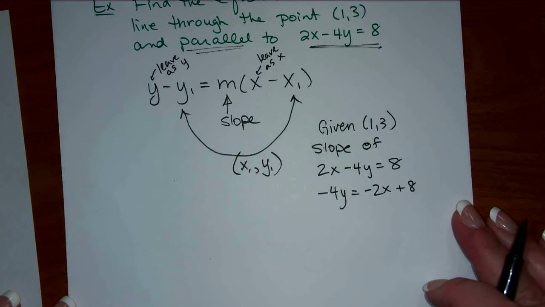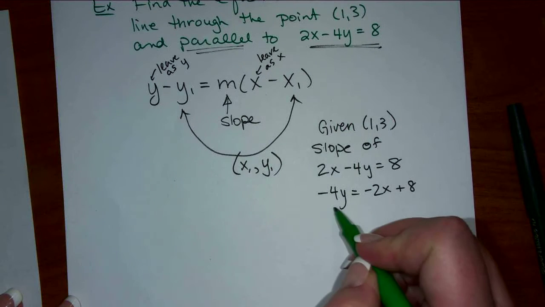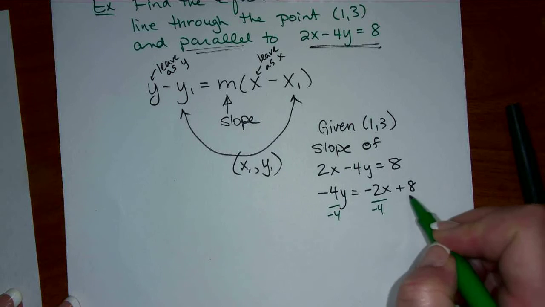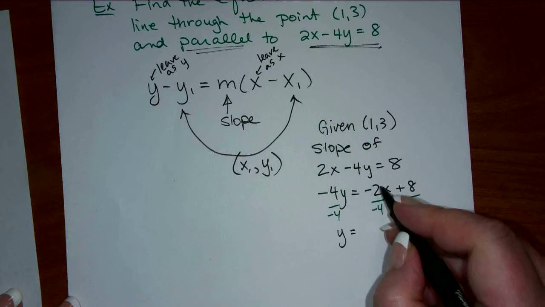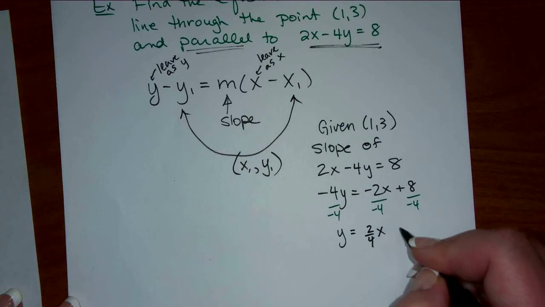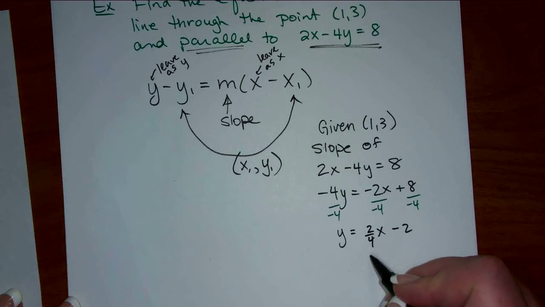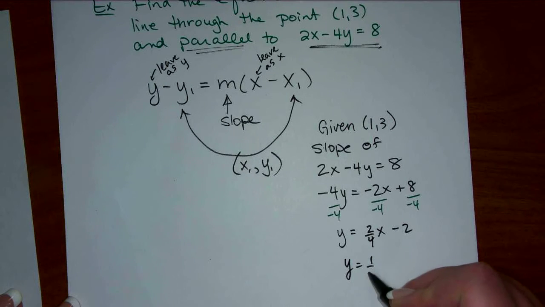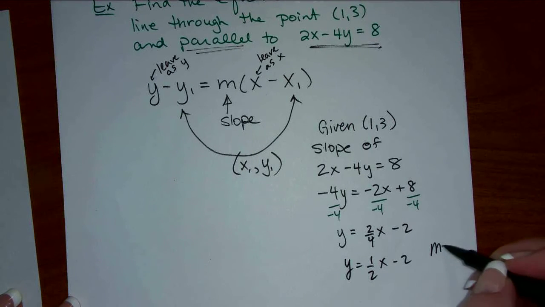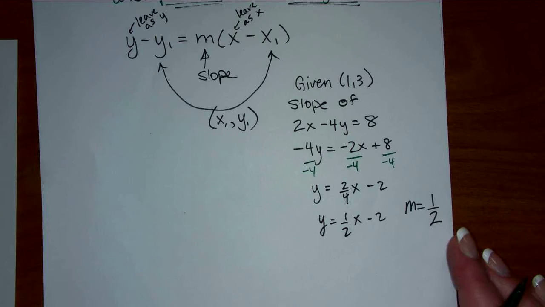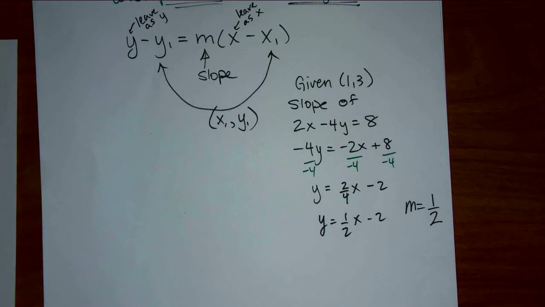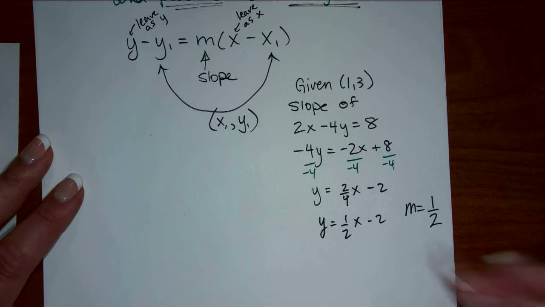So divide everything by minus 4. That's all three things. So y equals, this is a positive 2 over 4. What's 2 over 4 reduced? So the slope we want to use is a half. If you use 2 over 4, it would still work. It's just numbers are a bit bigger, but 2 and 4 are okay. So even if you forgot to reduce the fraction, it would work. So we want this slope and the point 1, 3. And we plug them in.